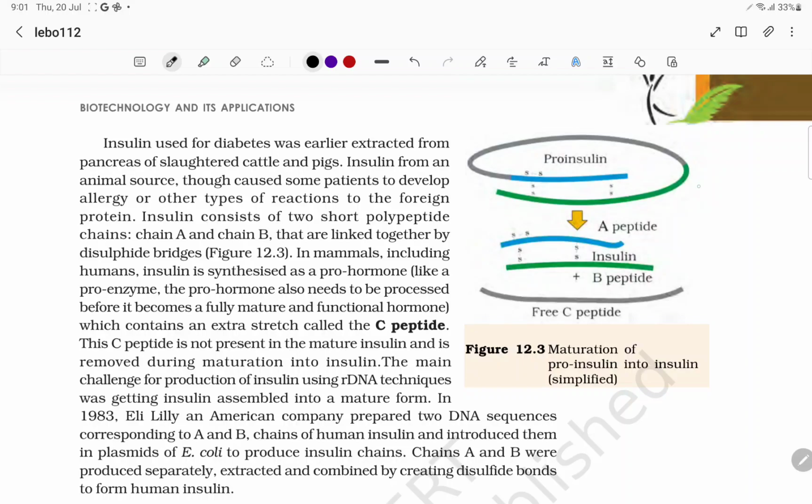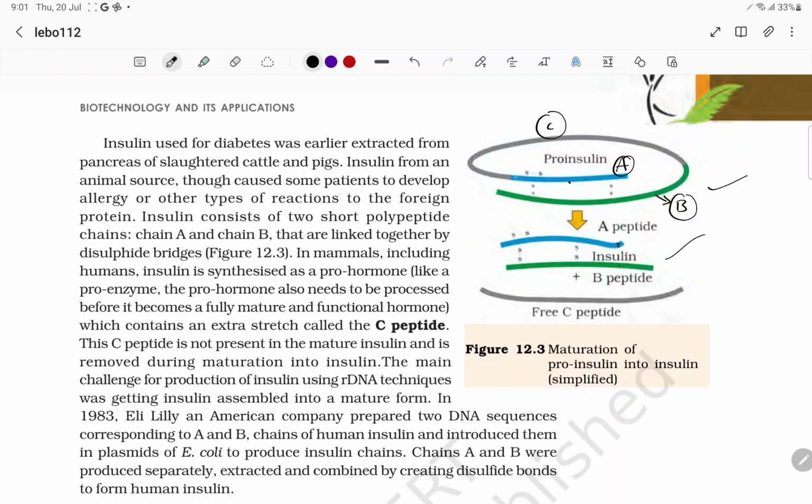So here this is the proinsulin, which is the inactive form, and what we are seeing here is the activated form. Blue is A and green is B, and this one is the C, right? So A peptide and B peptide are both linked by disulfide bonds.